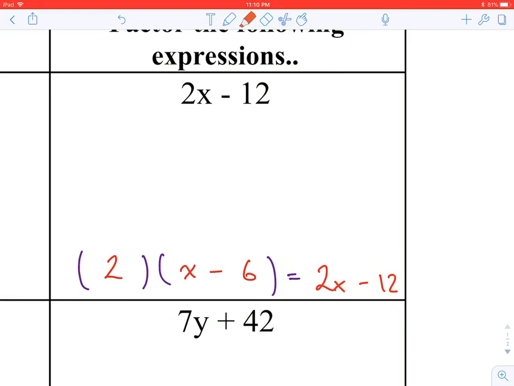We just talked about how the factors of a number or of an expression are the numbers that can be multiplied together to equal that expression. And 2 times x minus 6 equals 2x minus 12. So that means that these are the factors of 2x minus 12.